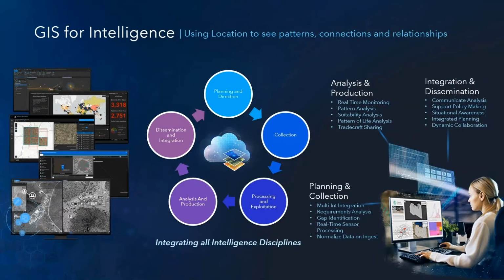When we talk about the intelligence support for GIS, we really talk about this ability to see patterns, connections, and relationships in data. And intelligence is built through a cyclical process. That cyclical process is repeated over and over again around specific areas of focus by planning and directing intelligence collection, by doing processing and exploitation on data, doing analysis and production of intelligence products, and then disseminating and integrating that data.